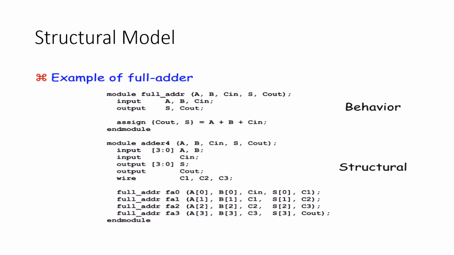After that, we have used the assign command in the behavioral modeling, so the sum output is equal to A XOR B XOR Cin. Similarly, structural modeling is based on gate instantiation, where we describe the gates.